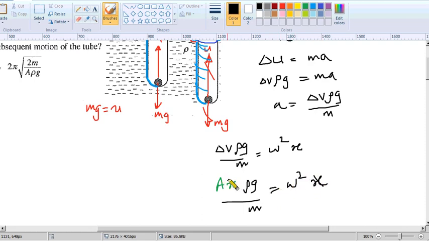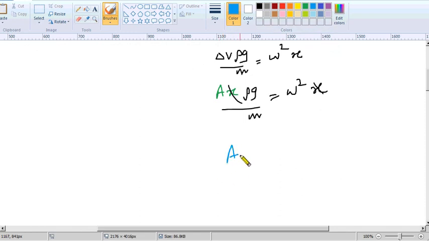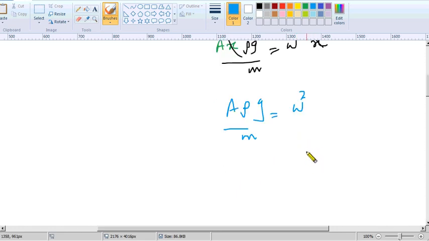So x cancels, then A rho g divided by m equals omega squared, x is gone. Then omega equals root of A rho g divided by m.